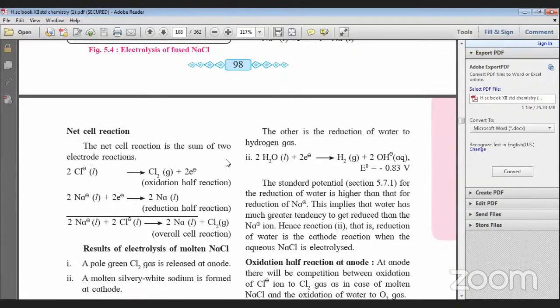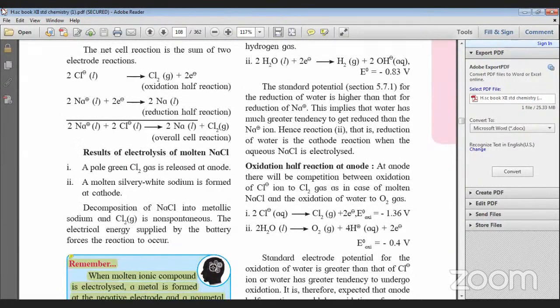Net cell reaction. So the net cell reaction is the sum of the two electrode reactions. When we add the reactions taking place at the cathode and anode, what we get finally is 2Na plus 2Cl minus gives 2Na plus chlorine gas is released. Now what results do we get from electrolysis of molten sodium chloride? See, what observations are there? We have seen the chemical reaction, but what are you going to observe?